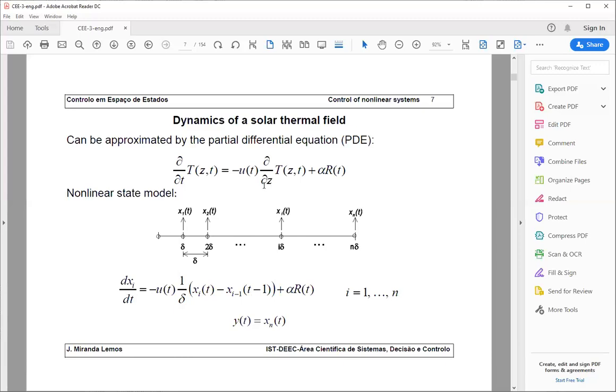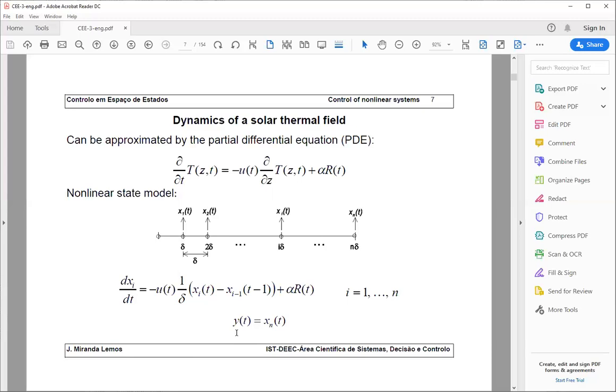And the partial derivative with respect to z becomes the difference between consecutive temperatures divided by the increment in space delta. So you can write this equation relating two consecutive points, and if you write it for all the points for i equal to 1 up to n, you get a state model.